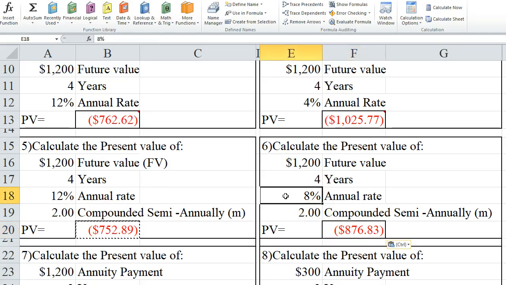So the lower the annual rate, the less the discounting. At a 0% rate, there's no discounting. So the higher the discount rate goes, the lower the actual present value is, because it's the percentage of discounting.